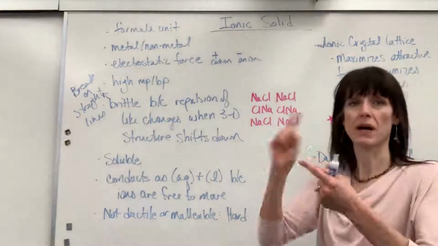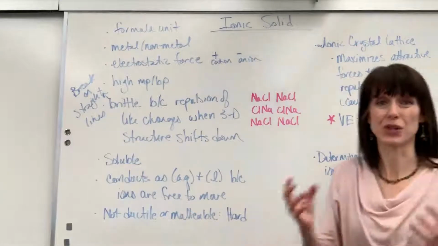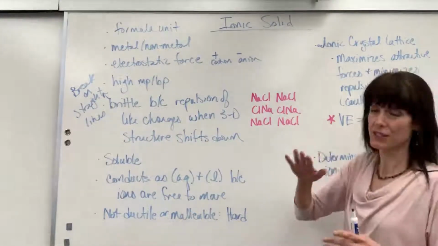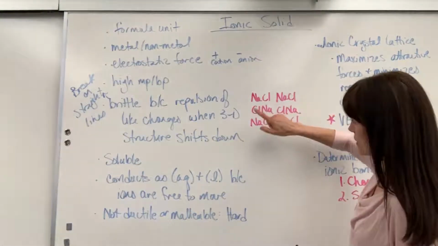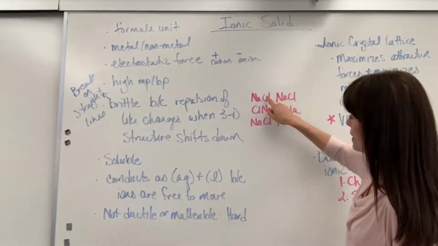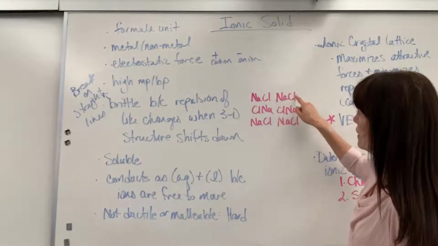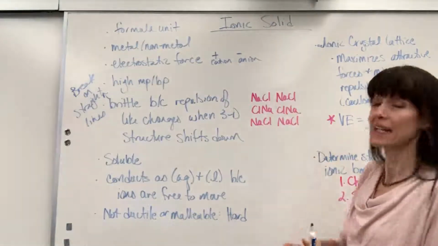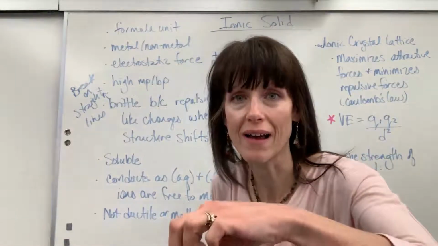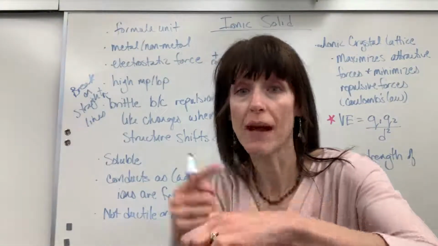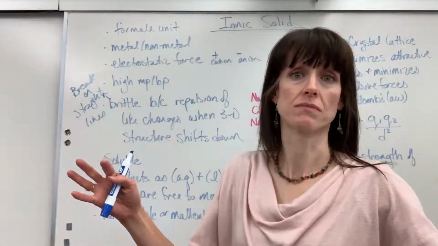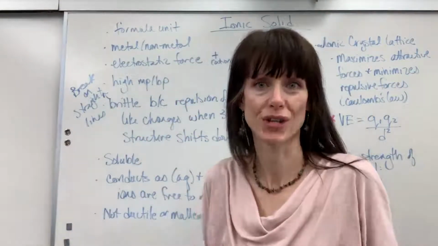Ionic solids will line up positive, negative, positive, negative, positive, negative in a 3D structure. So imagine if I had another layer over this, you'd have a chlorine and then a sodium, and here a chlorine, then a sodium. So at any one point, you could look at one ion in a compound and it's surrounded by opposite charges. It's going to have 6 opposite charges around it.